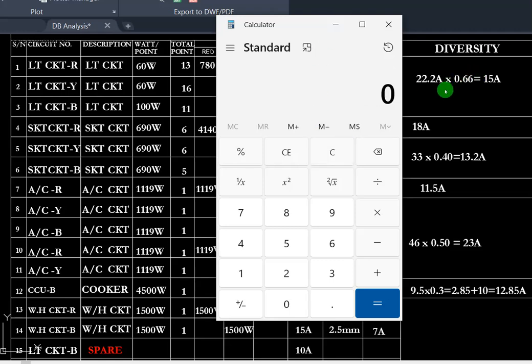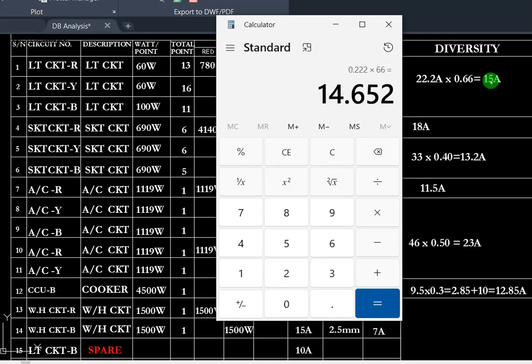Now the formula again is this: 22.2 divided by 100, times 66. What do I have? 14.6, approximately 15 amps.